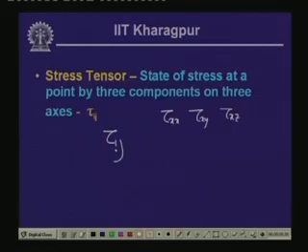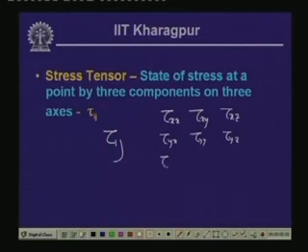When i is the y plane, we will have three components in x, y and z direction. So, we have tau y x, tau y y, tau y z. Likewise, when i is the z plane, we will have three components in x, y and z direction.